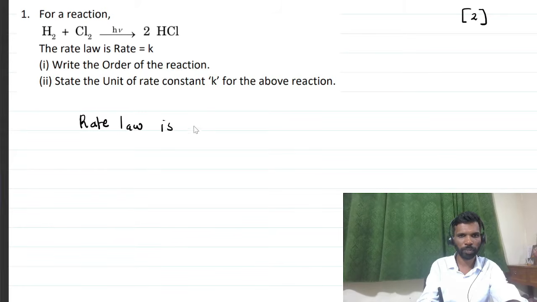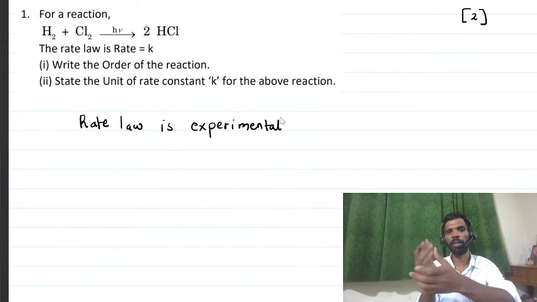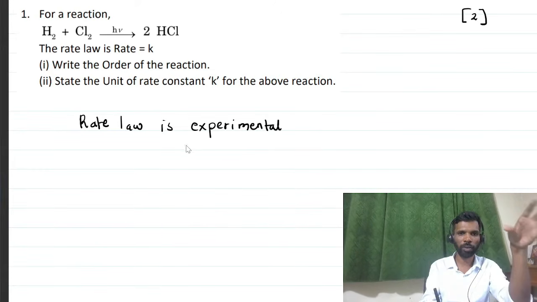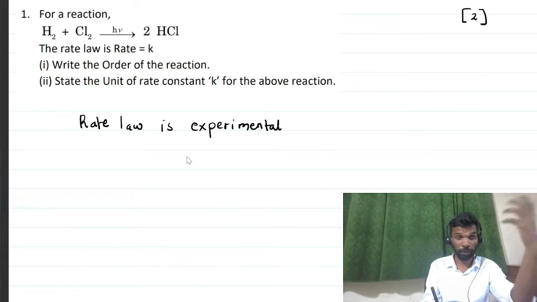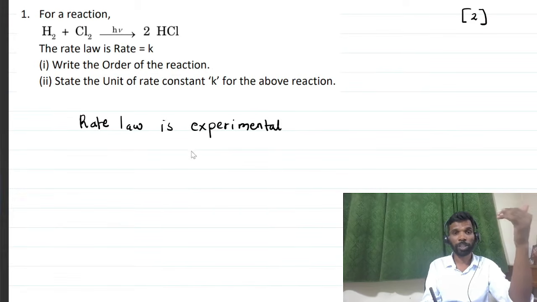Experimental means either you should have the data, or the examiner should give you the rate law, or at the minimum the examiner should tell you that this is a one step reaction. If it is a complex reaction, then in the reaction mechanism you should have the data of which is the slower step. This is the basic idea about the rate law.